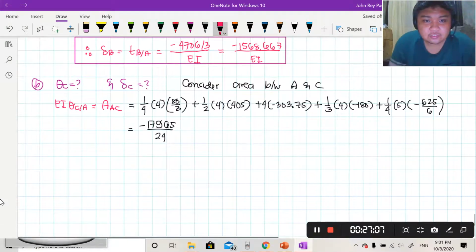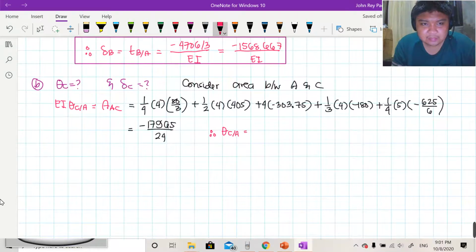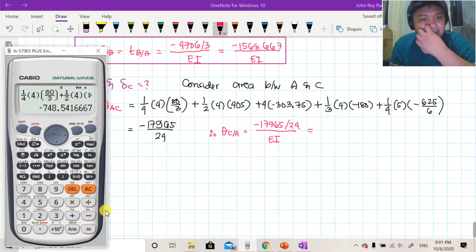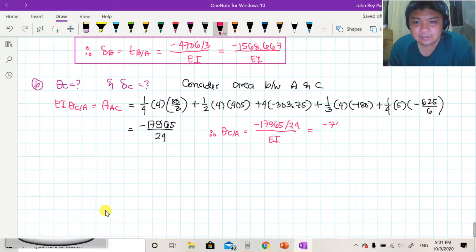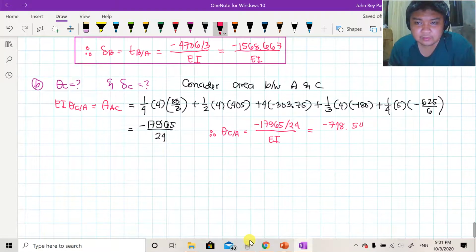So, pwede na natin i-conclude na yung theta C to A is equal to negative 17,965 over 24 all over EI. But if you want to make it in decimal, pwede din naman negative 748.5417 over EI.